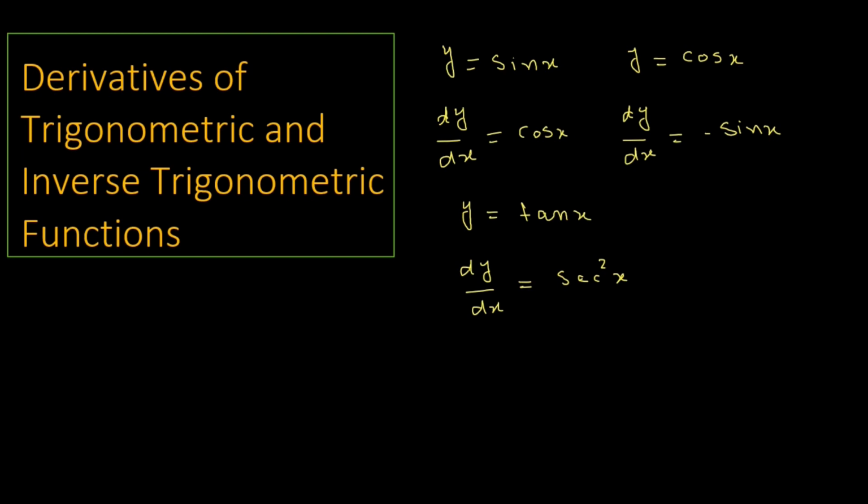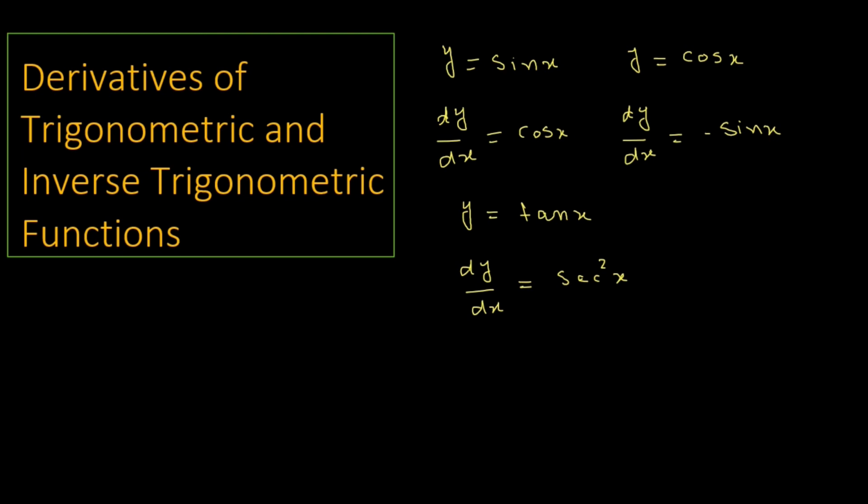The first principle is a technique that is used to find derivatives. But here, since our target is to understand astronomy, we are not proving these formulas. We are just reviewing them, and after that we will apply them in the mathematics used in astronomy.